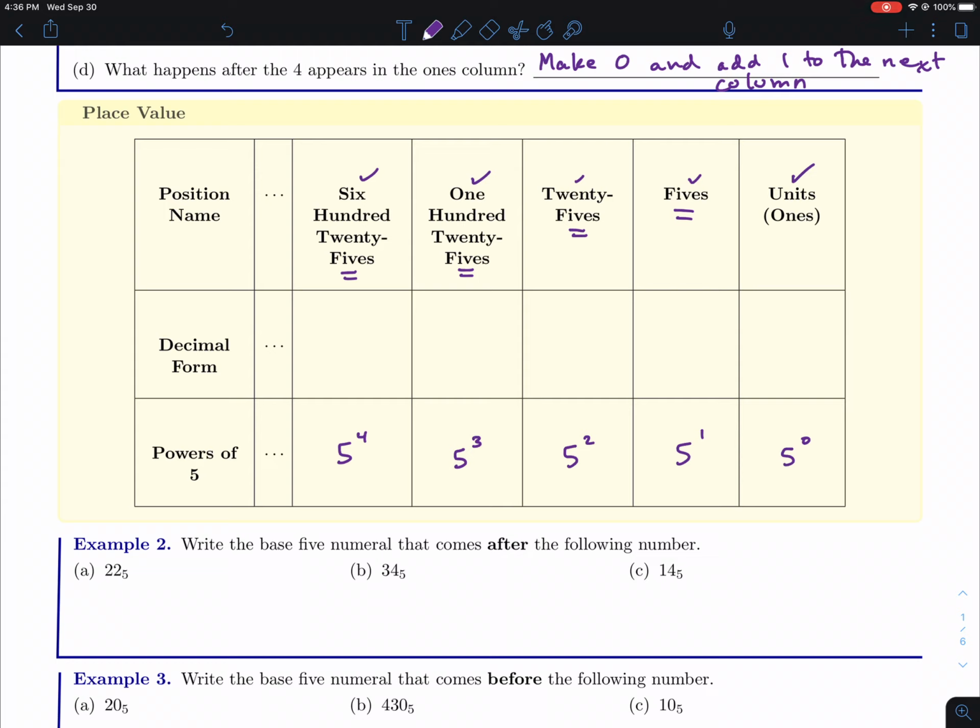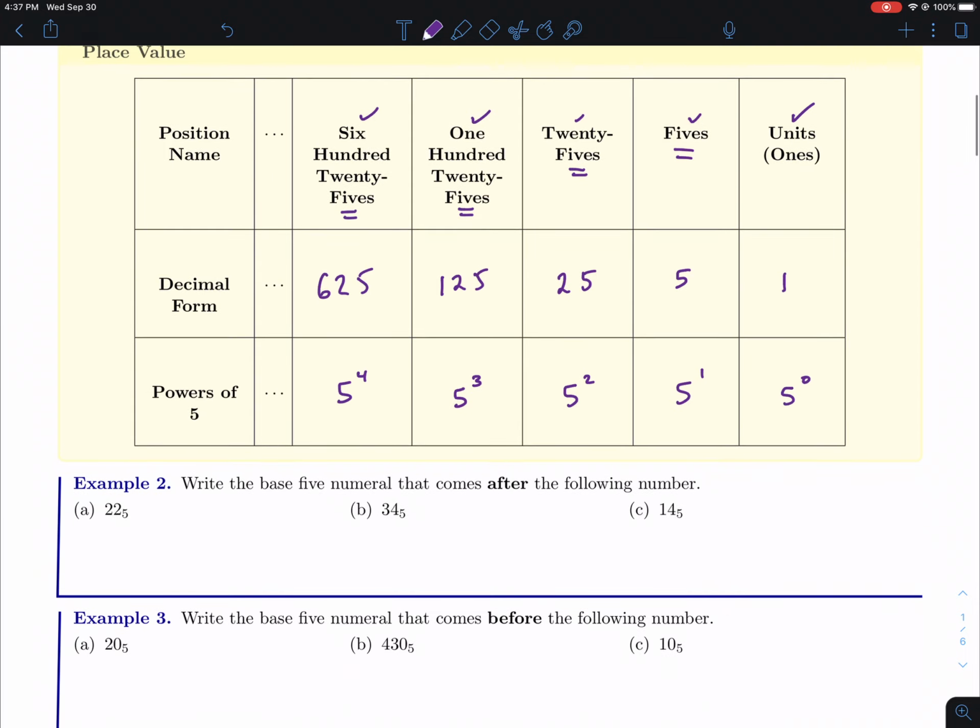So each position is going to be an actual 5th power as opposed to a 10th power like we had before. Same thing above, so the decimal form would be 1, 5, 25, 125, and 625.